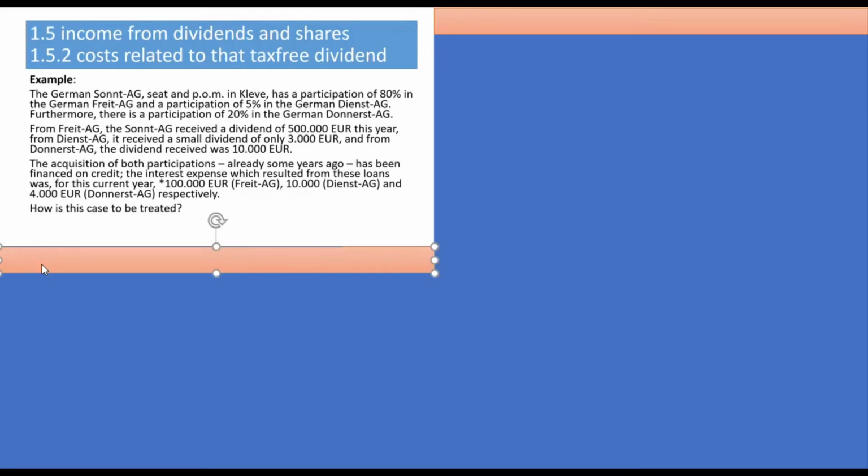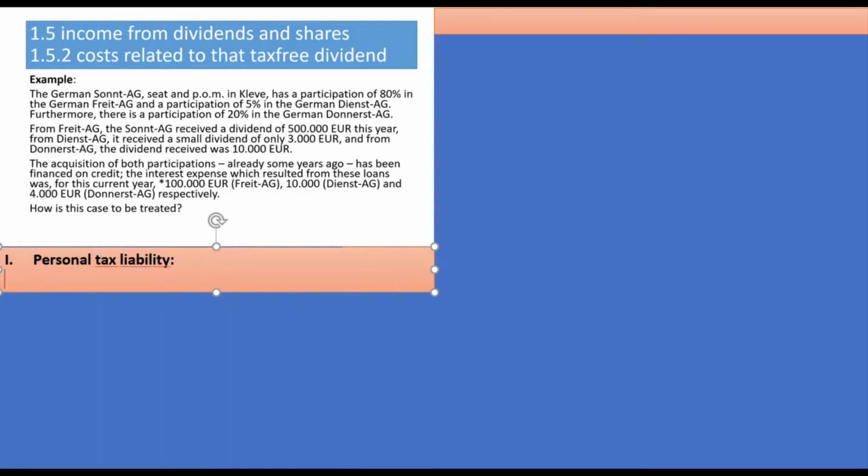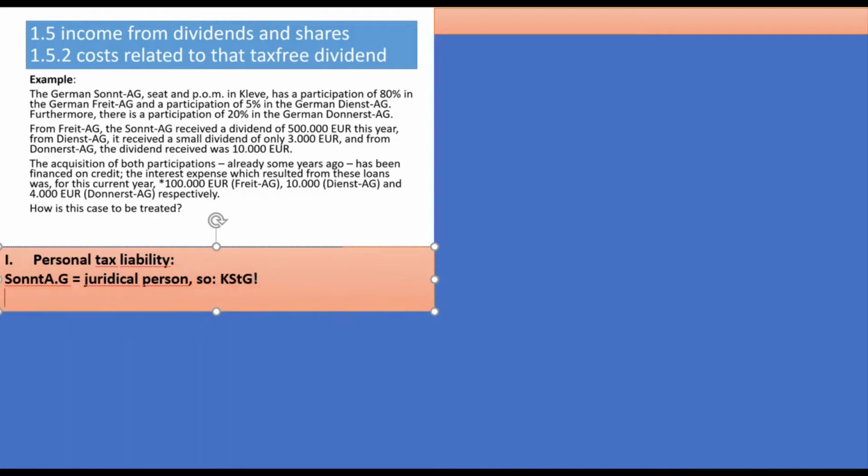As always, we try to begin at the beginning, so personal tax liability. Our taxpayer is evidently the Sond AG. That's a juridical person, so it's a case for the KStG.